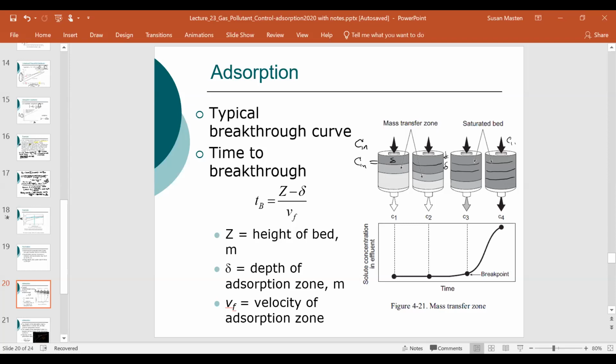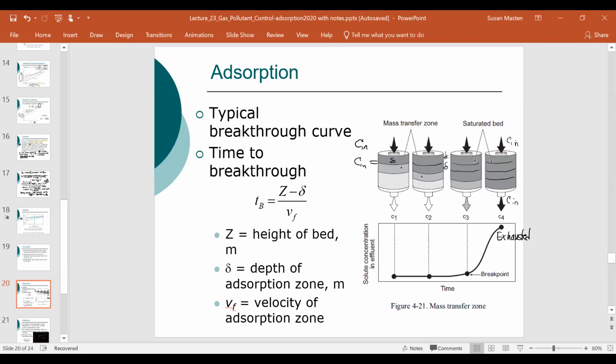And right here we have C naught, and the concentration leaving that column would also be essentially C naught. So at this point, this adsorption column has become exhausted, or what we refer to as exhausted.